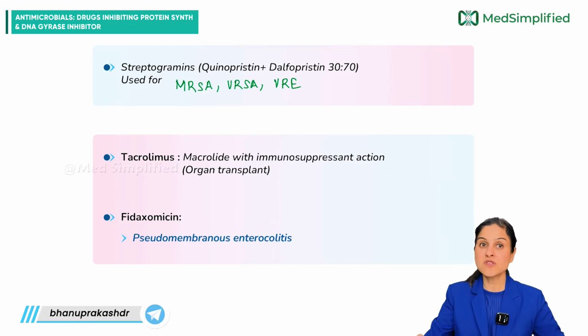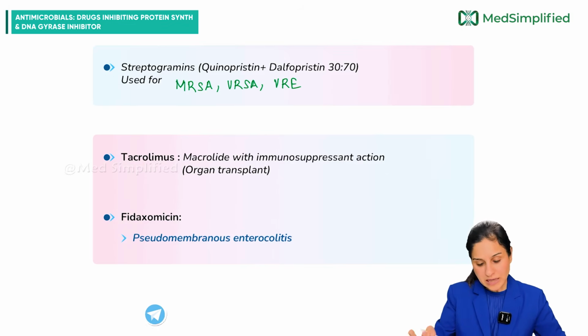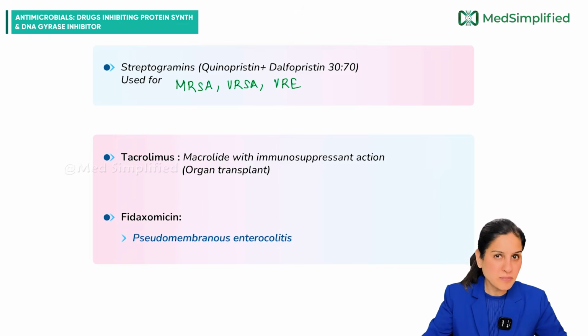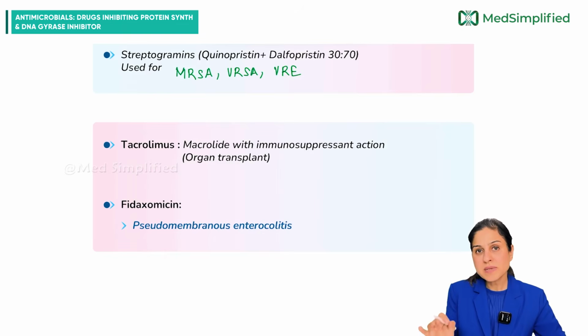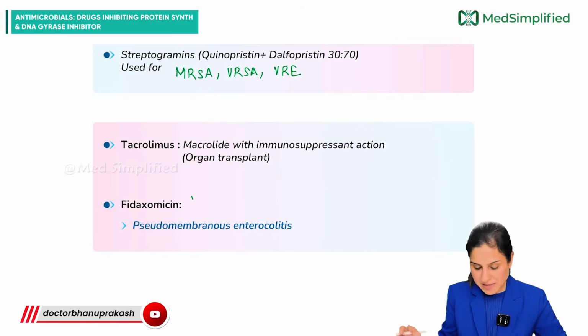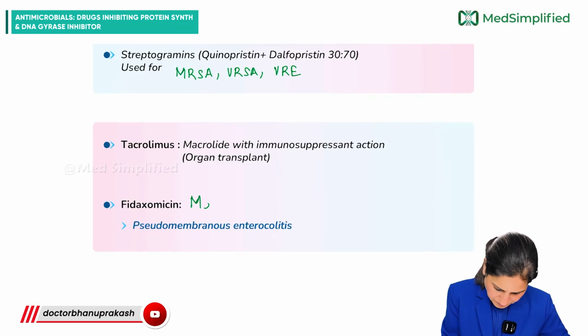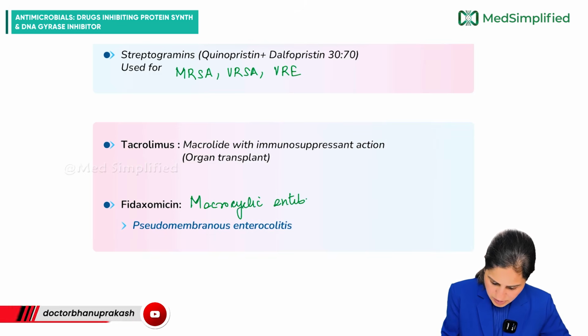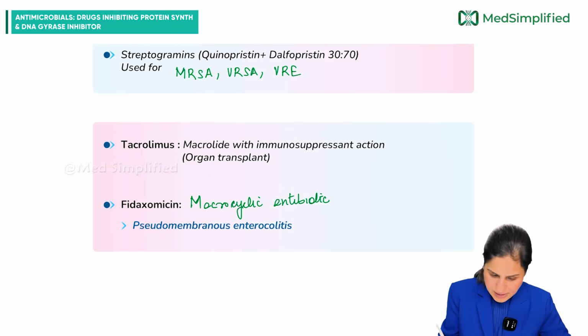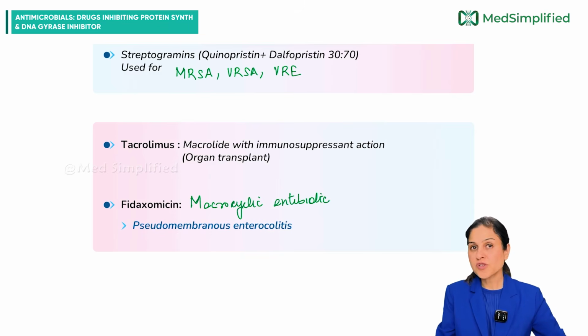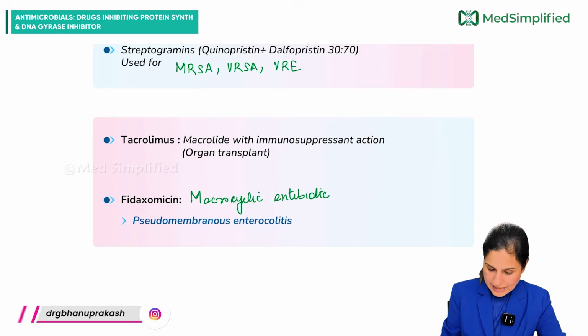So it is used in cases of organ transplant. So we are going to do them when we do the immunosuppressant drugs. So, fidaxomicin is a macrocyclic antibiotic used for pseudomembranous enterocolitis.